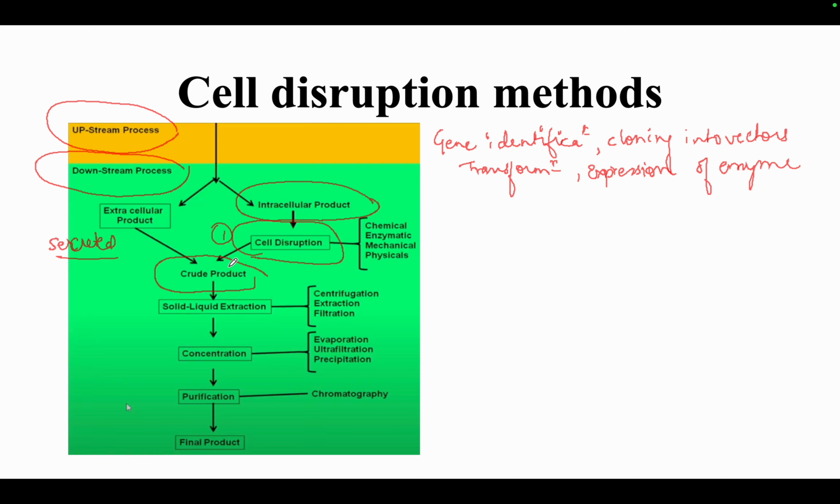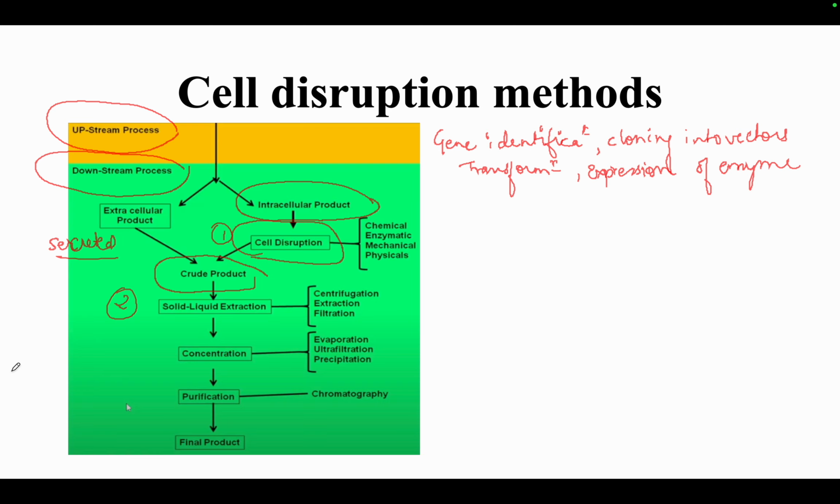It also could contain protein from the culture medium. If we are providing different serum in the culture medium, that protein could also be part of this crude product.